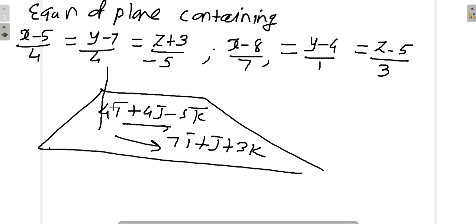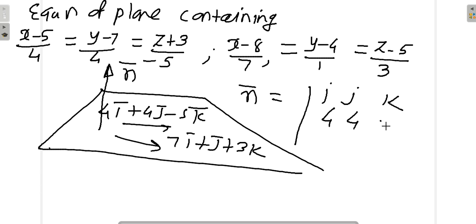What about the normal then? The normal vector must be perpendicular to both these vectors. And if you want to find a vector perpendicular to the two given vectors, we have to use the cross product. So, the normal vector will be given by the cross product of these two vectors.